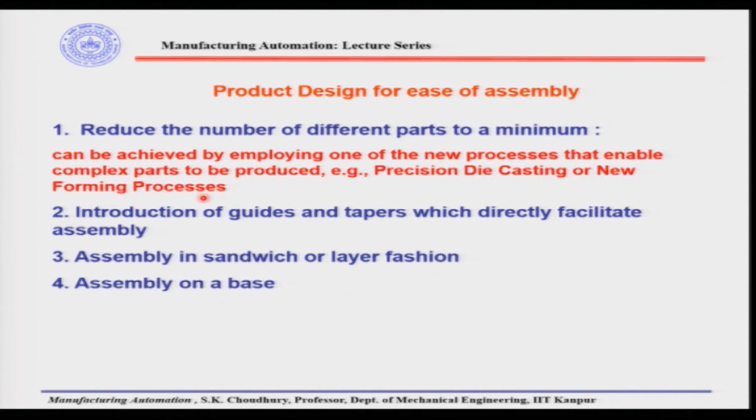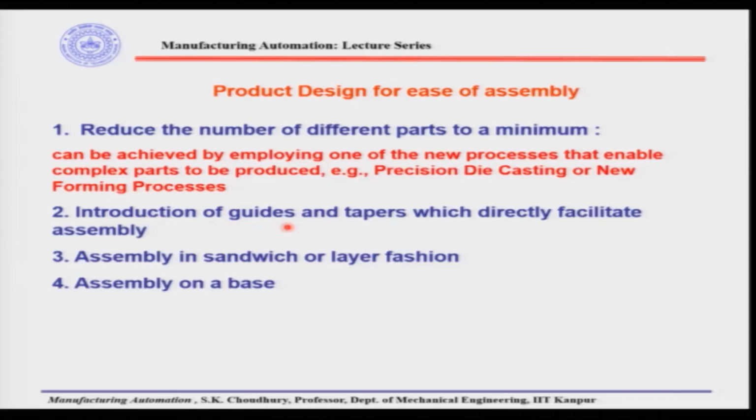If a complex part can be produced, that will reduce the number of assembly processes drastically. That means that 2 or 3 parts are actually designed and made together, by a casting process or a metal forming process, and that way we are reducing the number of different parts.